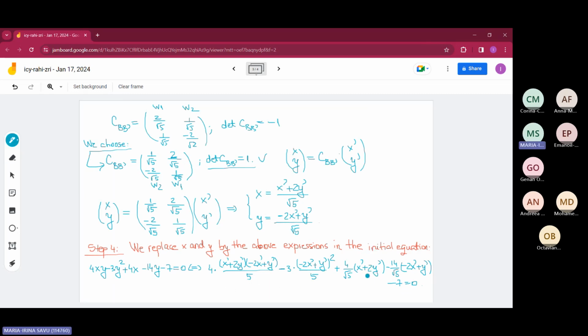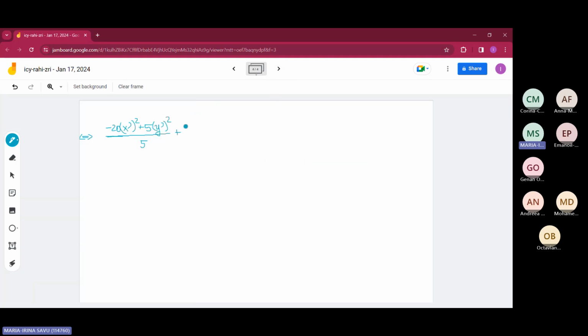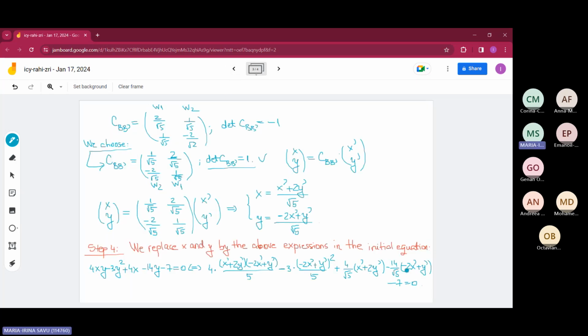Let's take a look here. We have 4 over 5x prime plus 8 over square root of 5x prime. So in the end we have 32 over square root of 5x prime, because 28 plus 4 is 32.